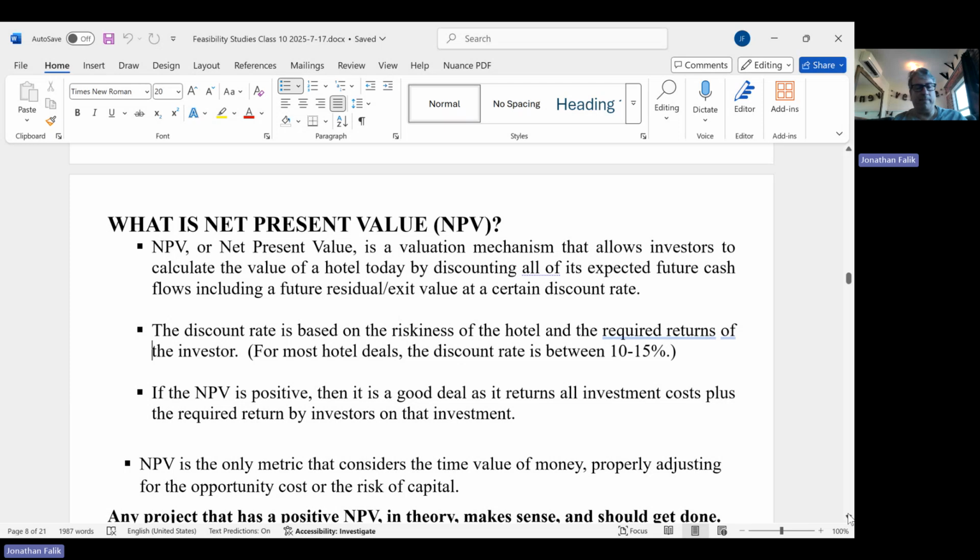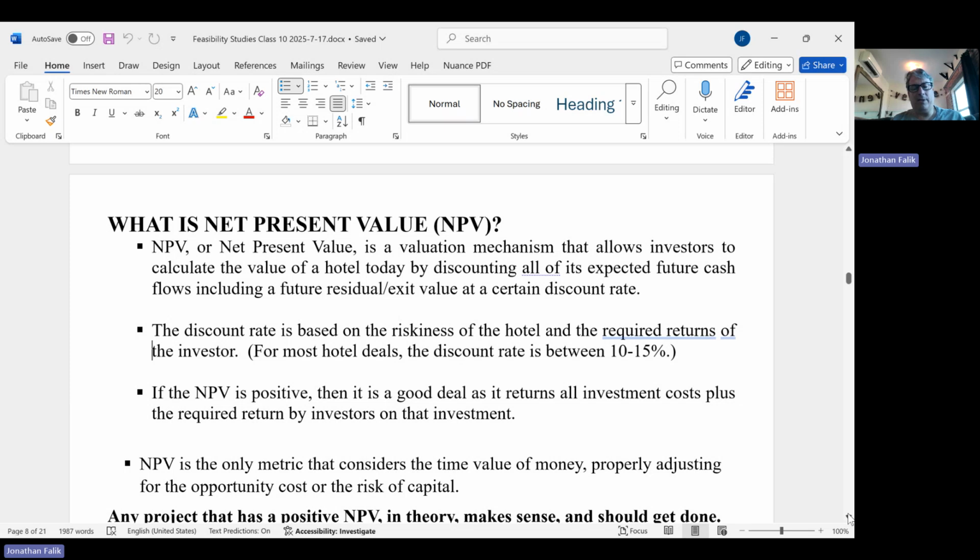And we're going to go through that math in the Excel model. So net present value allows you to take all the future cash flows, whether it's 5 years of projections, 10 years, 20 years, 30 years, including any exit value, any assumed sale in the future, and convert it into the value today.